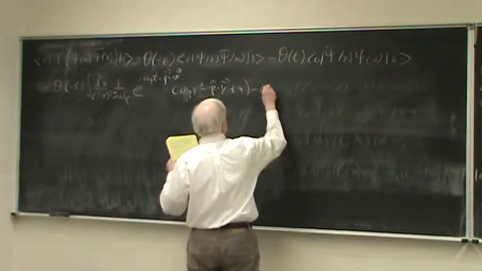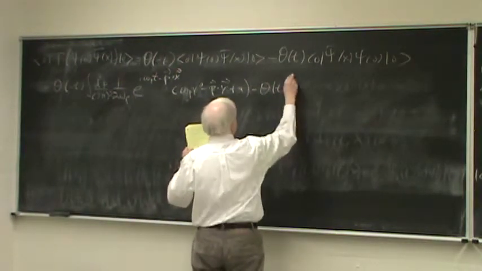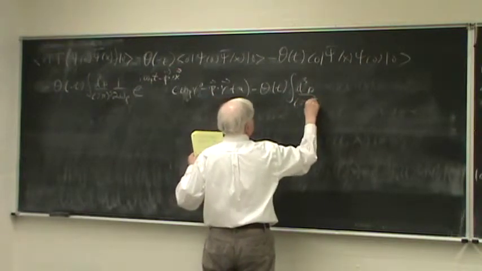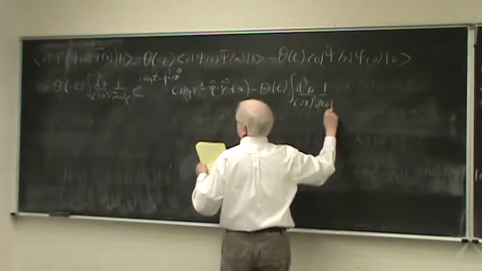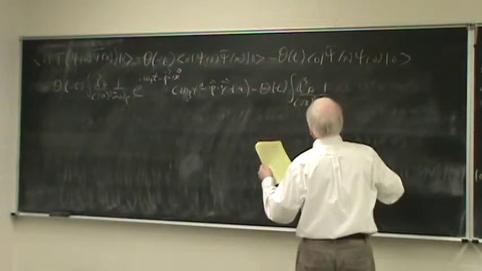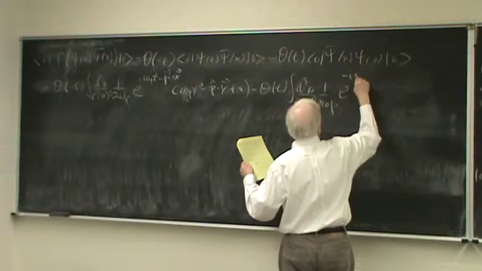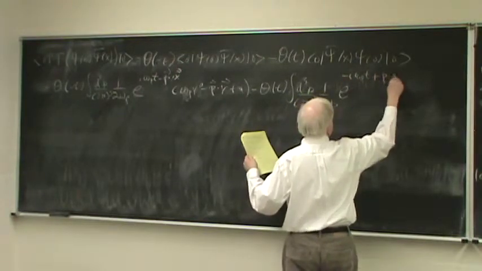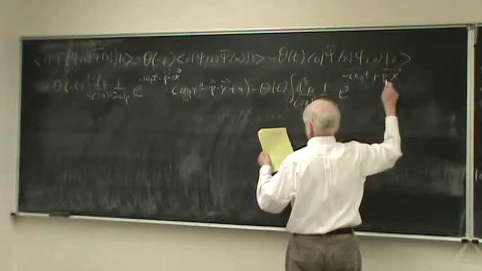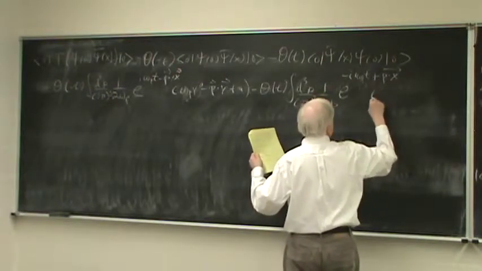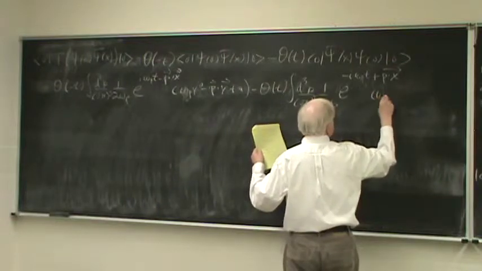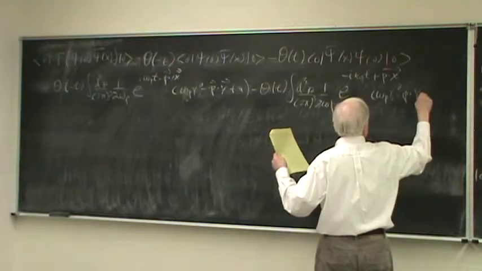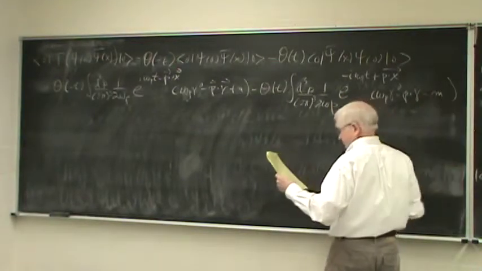Then the next term is minus theta of t, and now d cubed p over 2 pi cubed, 2 omega p. And now we have e to the minus i omega p t, and then plus p dot x. And then we have p slash plus m, but this is really omega p gamma 0 minus p dot gamma minus m.